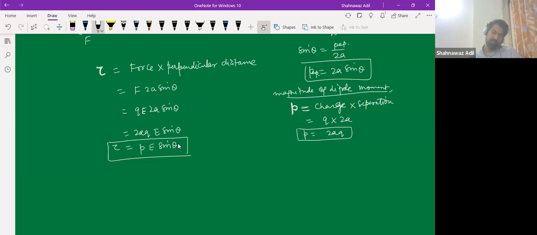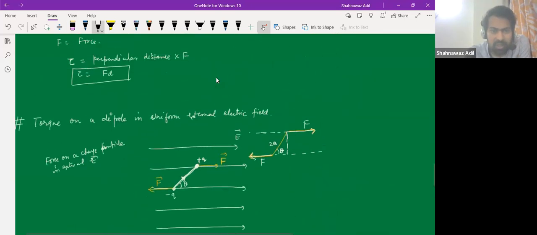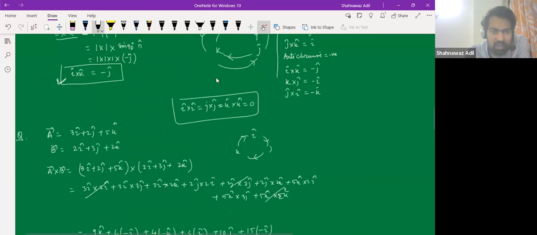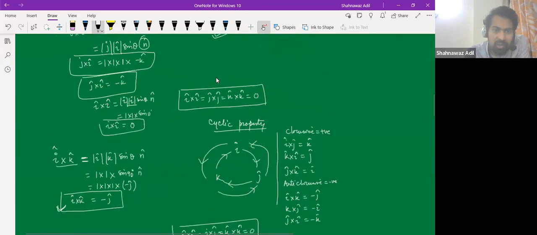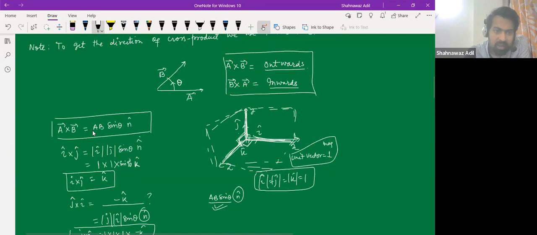Just look at the previous thing. AB sine theta is A cross B. A cross B is AB sine theta.